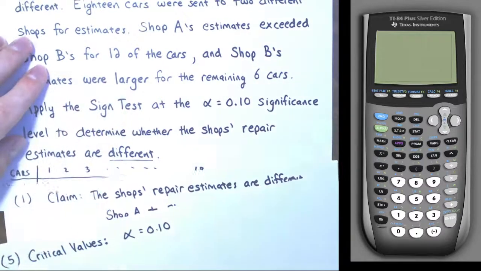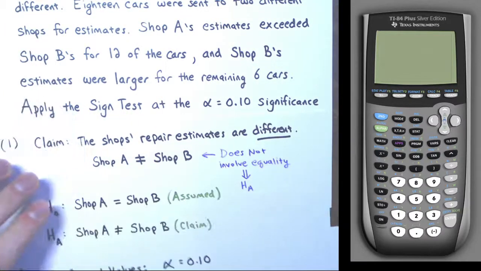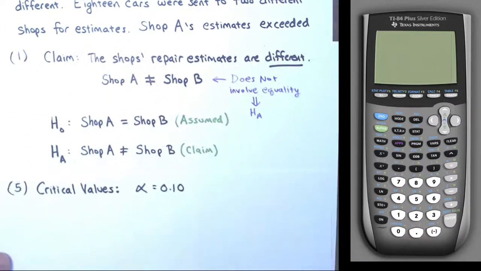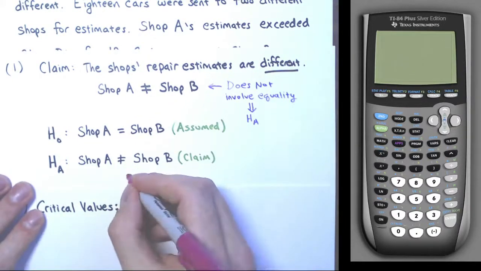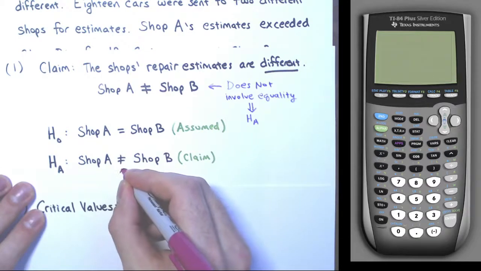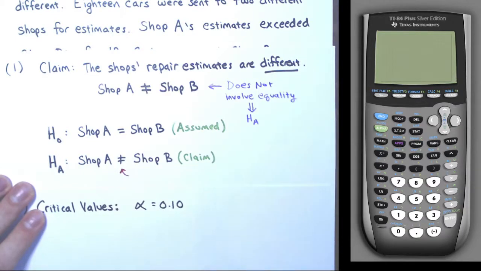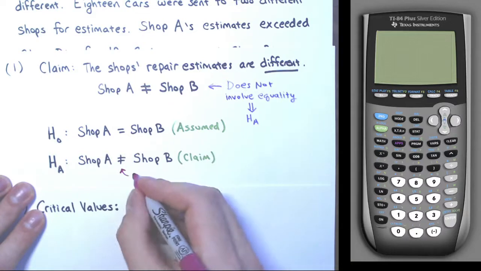And then don't forget what kind of test this is. Look at the claim. Look at the alternate hypothesis. The alternate hypothesis involves is not equal to. So it's not one-tailed. This would be a two-tailed test.